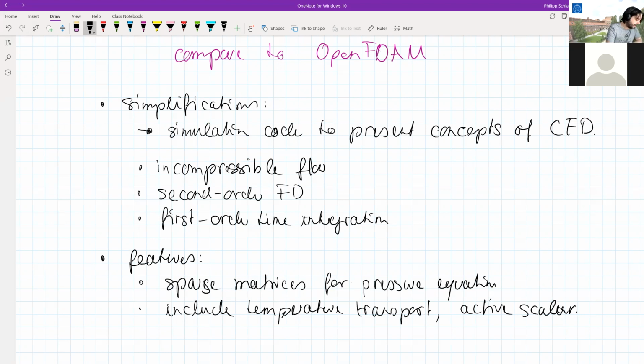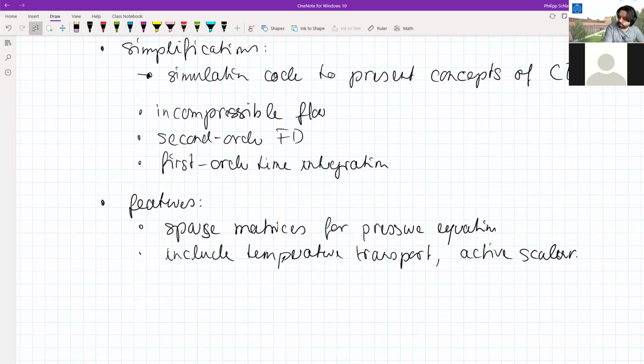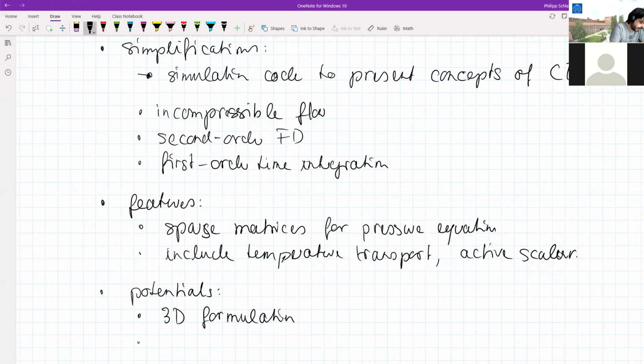But of course, if you want to work more on this code and maybe make it a little bit more flexible in the future, you can also think of extending this method to slightly more complex features. So I would say the potential that the code has is that you could implement a 3D formulation. You could even think of perhaps doing some implicit time stepping.